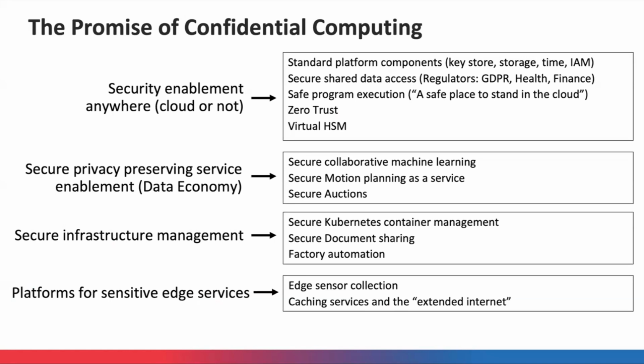Shared data access, which I'll talk about, to sensitive data like personally identifying information, anything like that. The promise is only the program sees this information, no person. So it could be used for that.